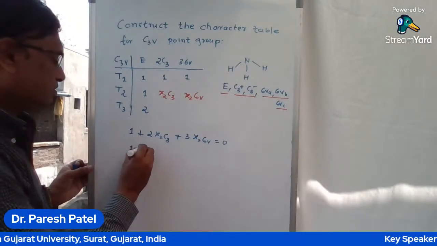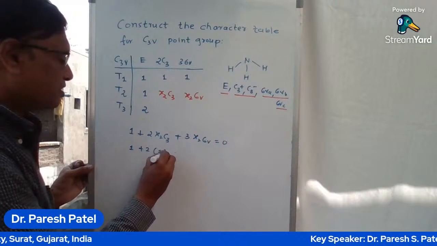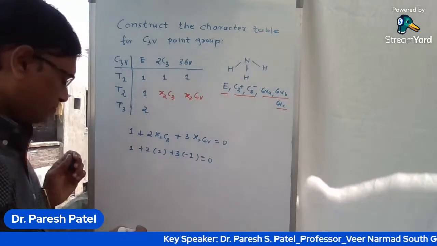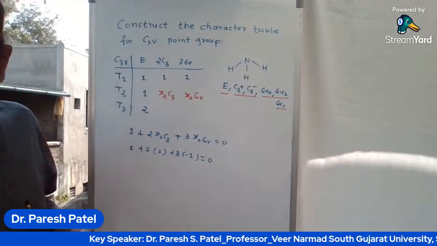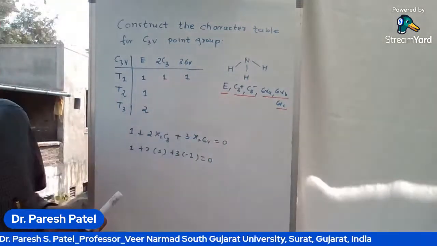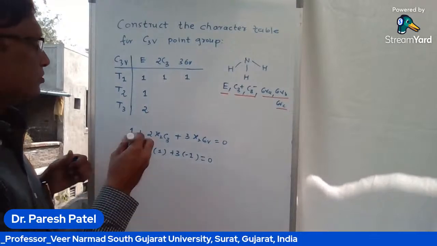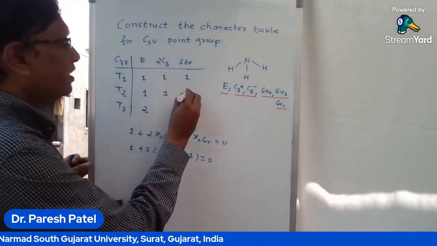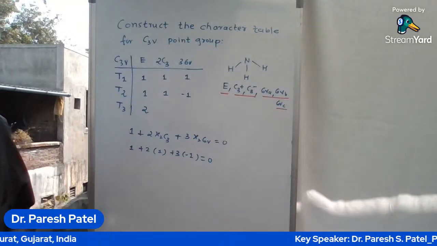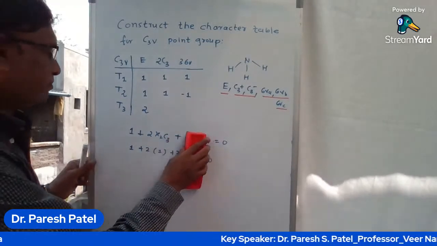So 1 plus 2 into 1 plus 3 into minus 1 is equal to 0. It means the second representation should be 1, 1 and minus 1.